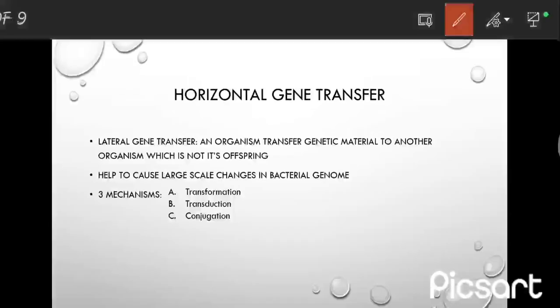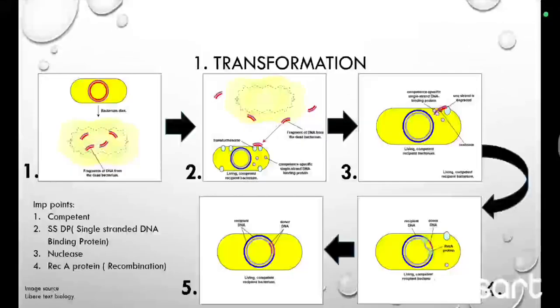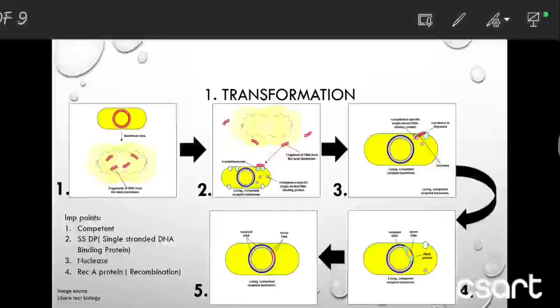Now, in today's lecture we will see only transformation; transduction and conjugation mechanisms will be discussed later. So transformation is the horizontal gene transfer method in which one organism transfers its genetic material to another microorganism or bacterium laterally.